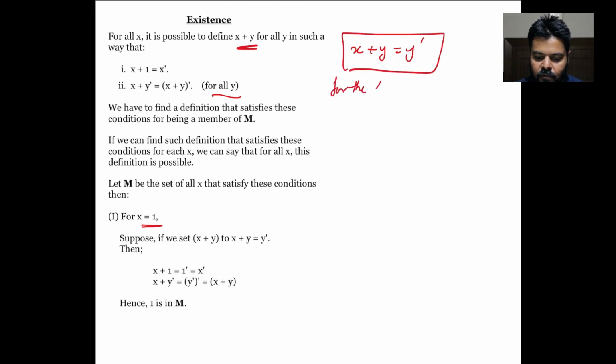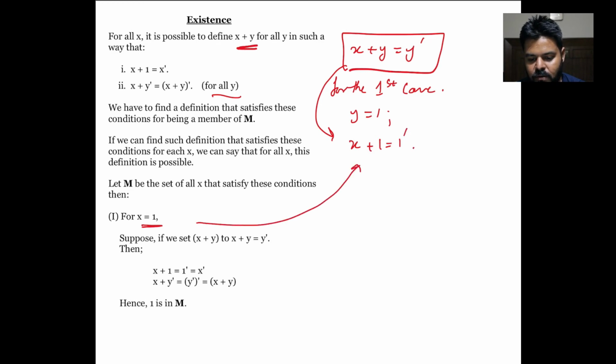Then for the first case, we can set y equal to 1, and then this expression would become 1 equals 1 prime. Because x is equal to 1, this would actually be x prime. 1 prime will be x prime, because this was the first case, and this is what I'm trying to show here, right? This part. And so this holds.